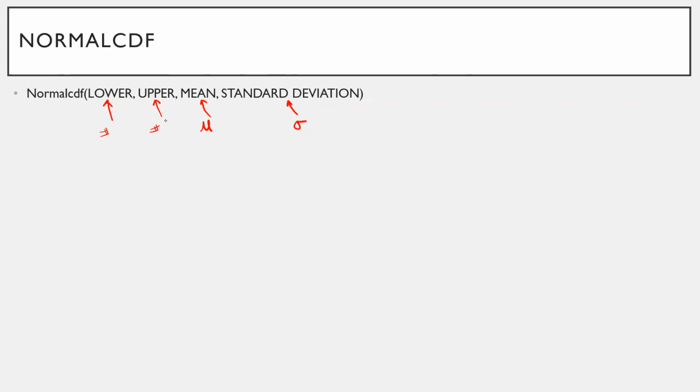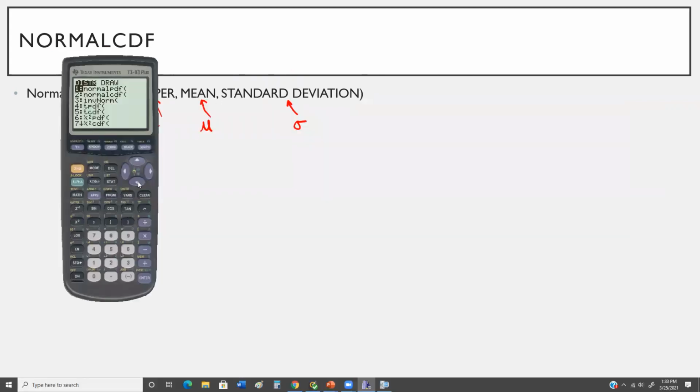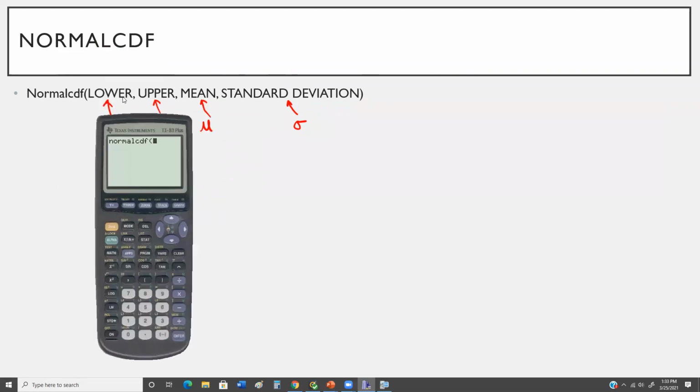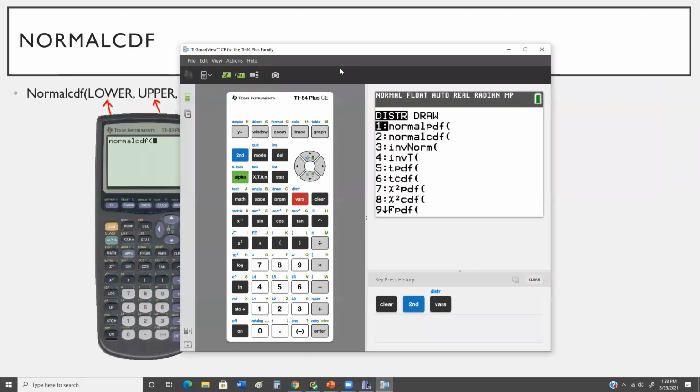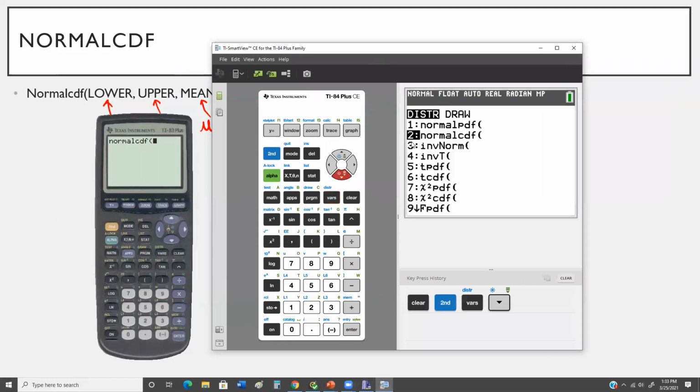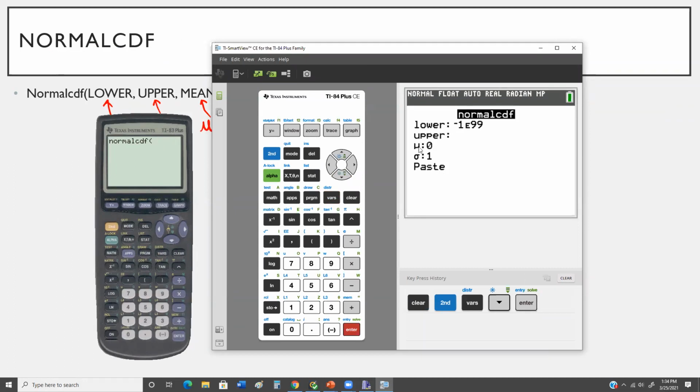If you look at your TI-84 or TI-83, when you go to number 2 and hit enter, you have to remember the order to put things in: lower, upper, mean, standard deviation, and you have to use the comma. So it's a little bit more work than on the TI-84, where normal CDF literally asks you what's the lower, what's the upper, what's the mean, and what's the standard deviation, and then it just pastes it for you. So it's a little bit easier.